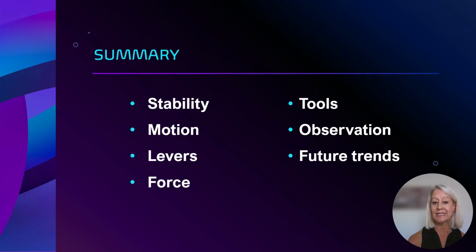And leverage plays a vital role too. The body uses first, second, and third class levers to perform different types of movement efficiently. We also emphasized force, how it's produced by muscle action, how it must be applied in the direction of movement, and how absorbing it correctly can prevent injury. To better understand these movements, we use advanced tools from EMG to motion capture to analyze and improve our performance.